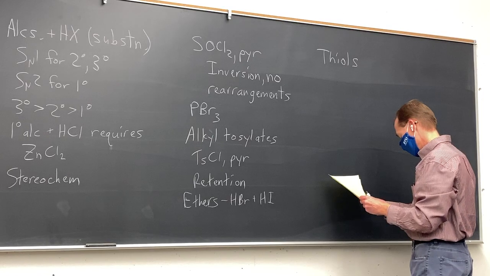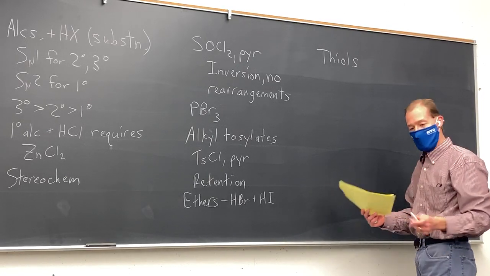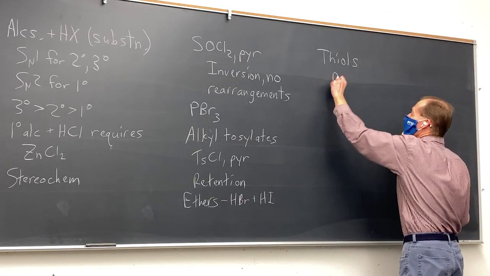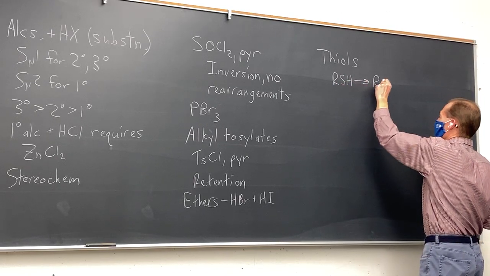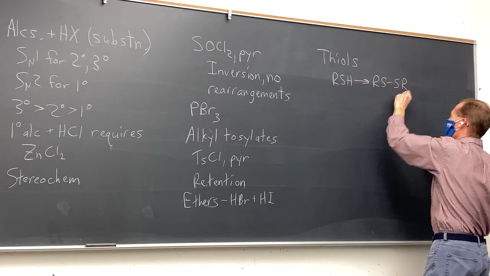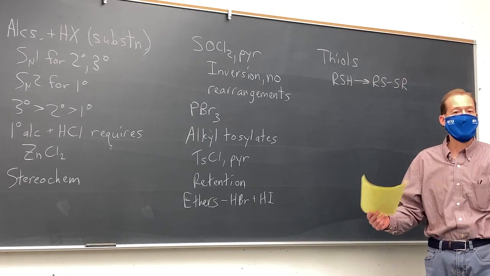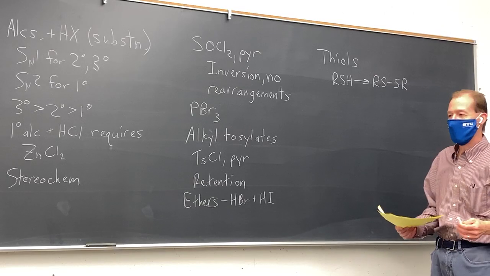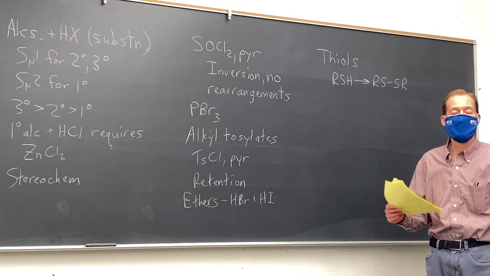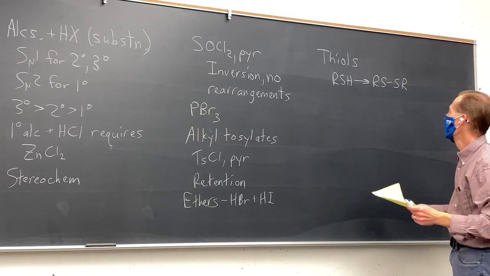We learned a couple of reactions of thiols. We learned that you can oxidize a thiol to obtain a disulfide. And we learned reagents for that. We didn't learn a mechanism, so in this case, you just have to memorize the reagents.